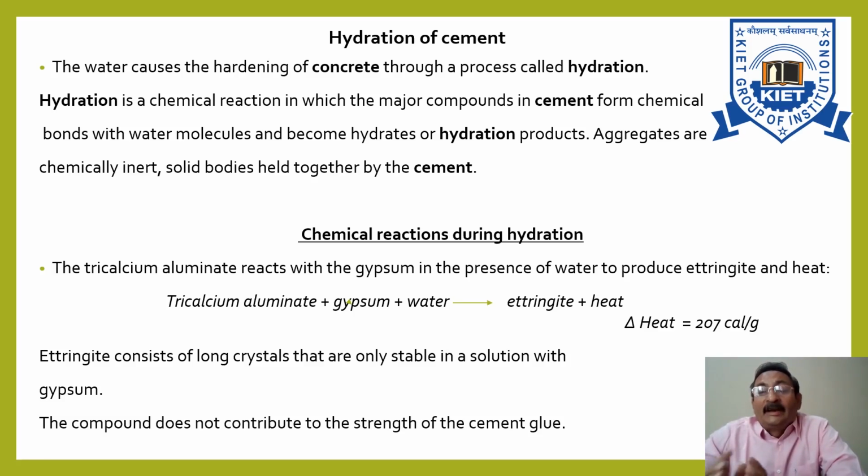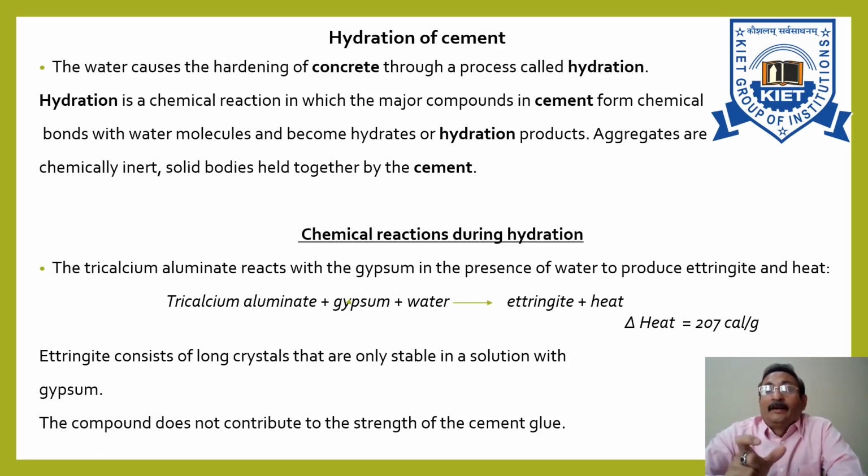Now, if we discuss the chemical reactions during hydration, tricalcium aluminate reacts with gypsum in the presence of water and produces ettringite and heat. That is, tricalcium aluminate plus gypsum plus water gives ettringite plus heat.